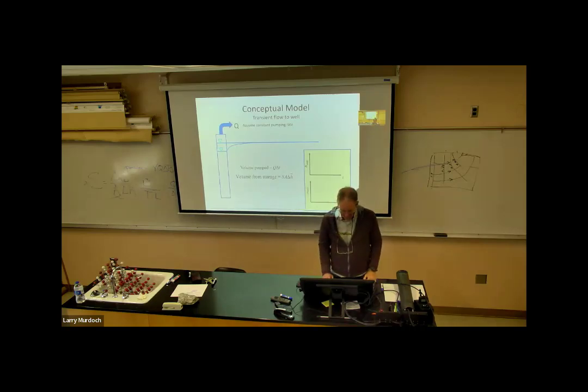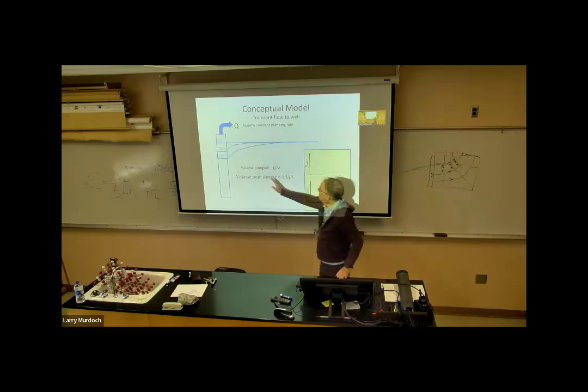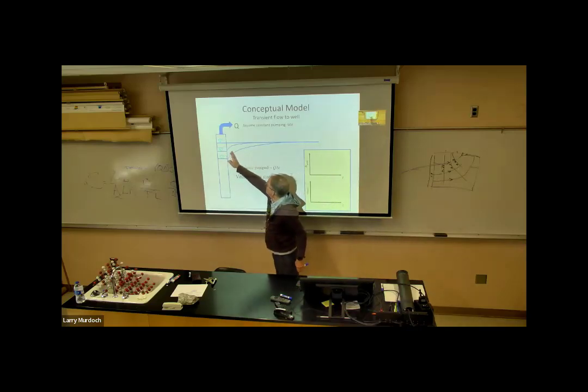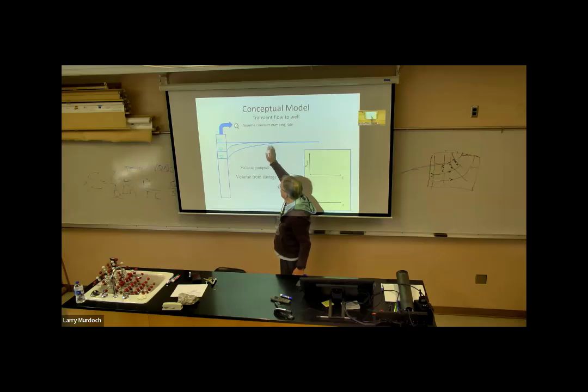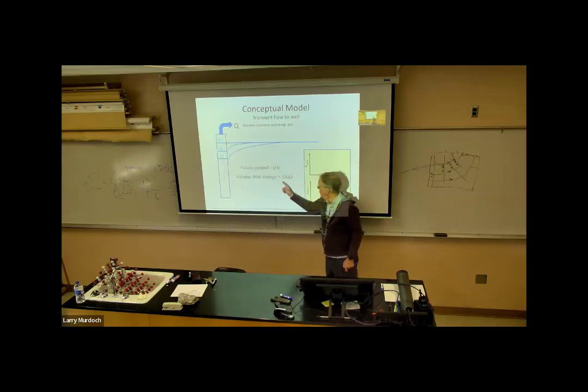Okay, so that's being released from storage. And then we do it again, and so this is changing. The region that we have affected is changing. So the volume released from storage is this.